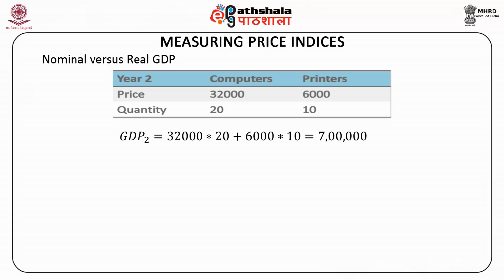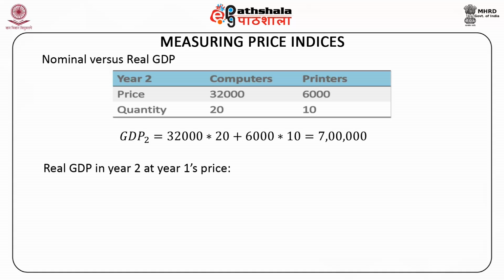Therefore, we can see that the GDP has increased from 3,25,000 to 7 lakh. However, not all of this can be attributed to the increase in quantities of computers and printers. To estimate the increase in physical production from year 1 to year 2, we compute the real GDP in year 2 at year 1's price.